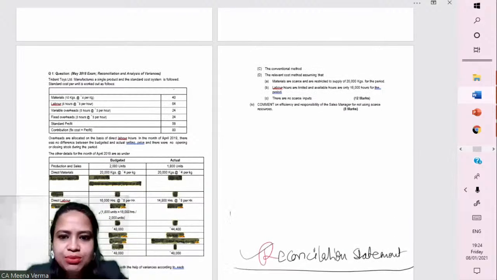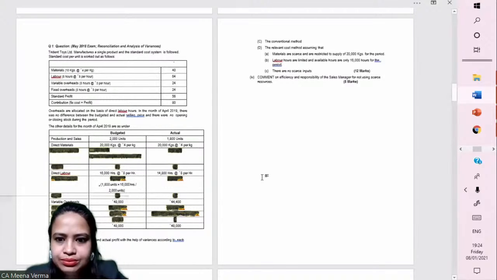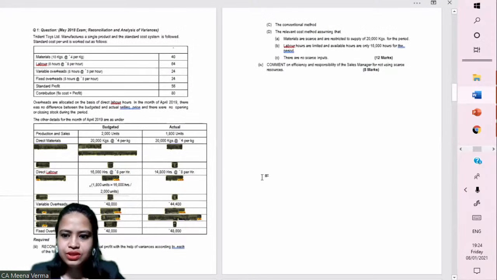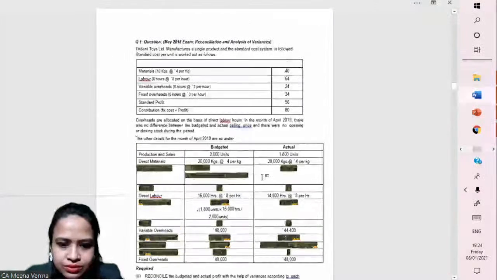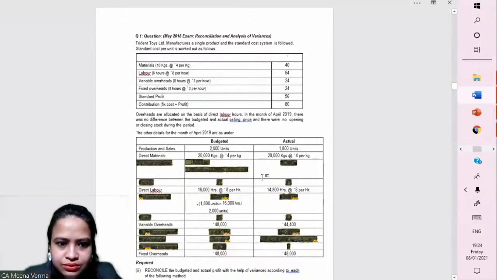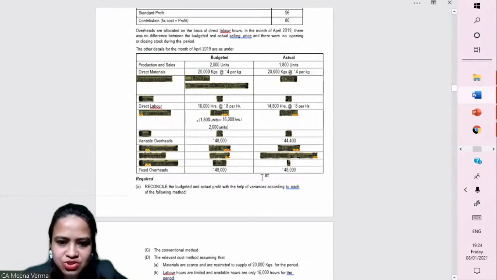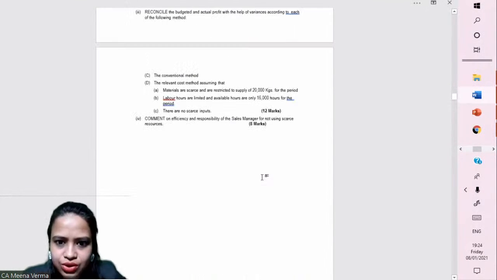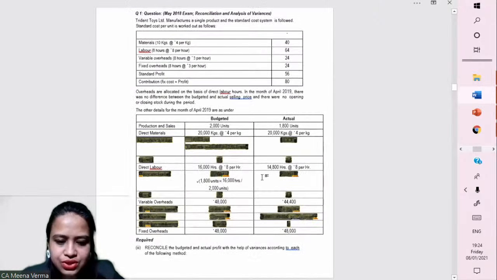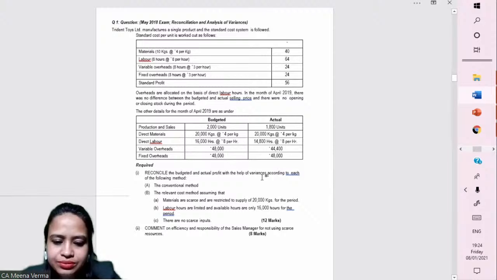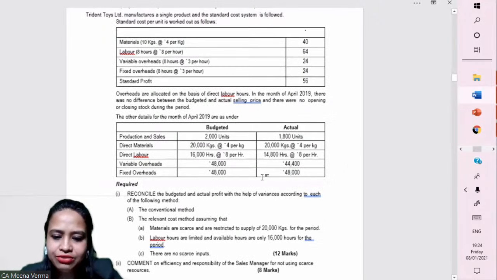In this question, you have to prepare a reconciliation statement again. See, I have done some changes in this question, which I want you to do on your own. This is the question we have.